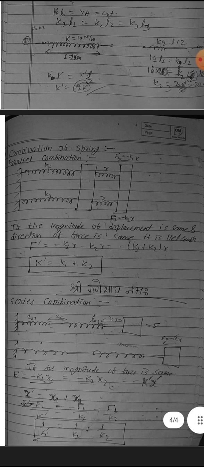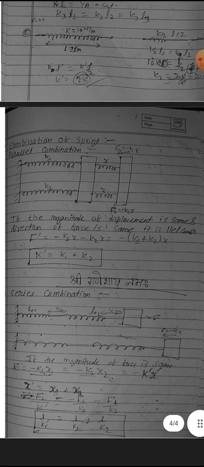For example, you can see in the figure that there are two springs having spring constants K1 and K2, and a block is connected with them. Now, if this block is stretched by a displacement of x, then in both the springs the restoring force would act in the same direction.